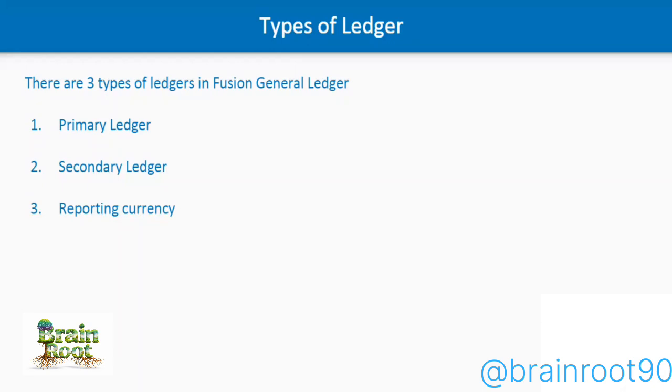For the reporting currency, if you need to generate your reporting and balances in a different currency. For example, if the functional currency is USD and you want to generate in euro, we need to create a reporting currency. Exactly.